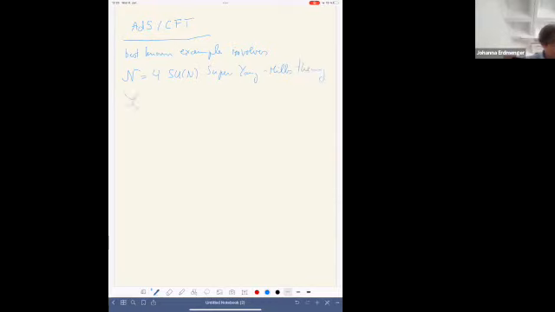This is a theory which is a gauge theory. The Lagrangian starts with this, and then there are 4 fermions and 6 scalars. The 6 scalars we identified yesterday as being associated to these extra dimensions. So this is a conformal field theory, which means that it's scale invariant.